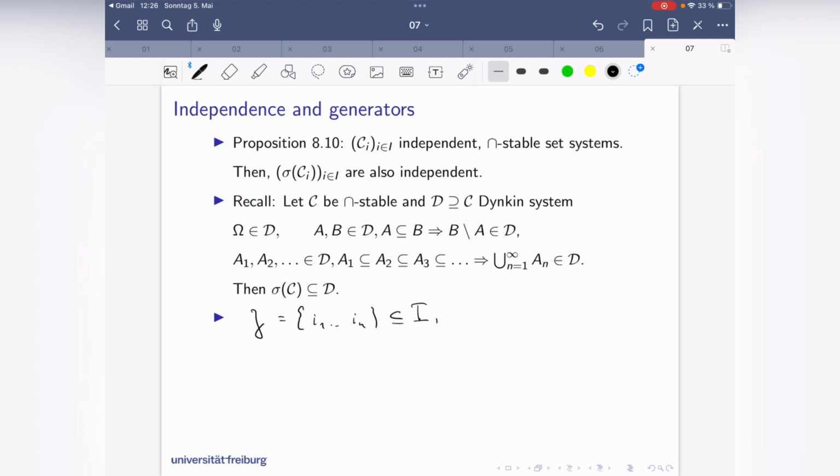And without loss of generality, it should contain an element. Okay.